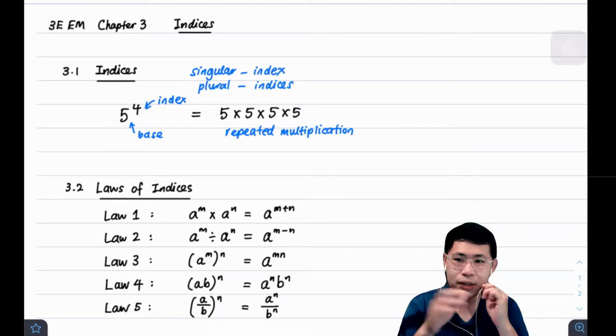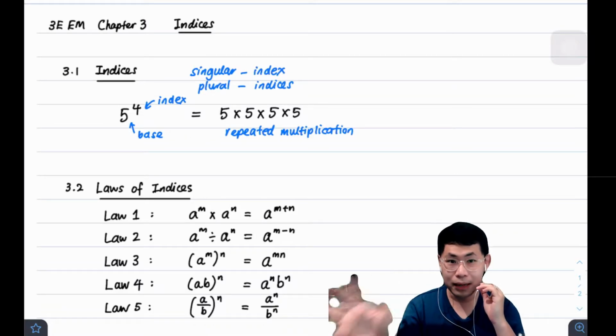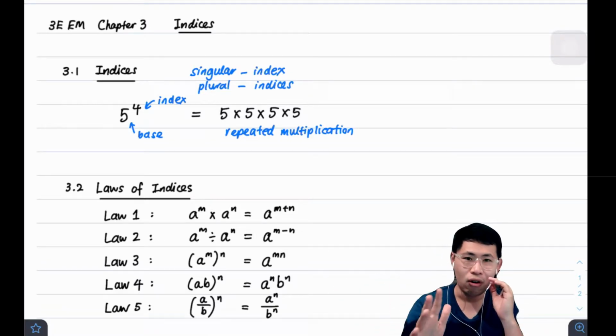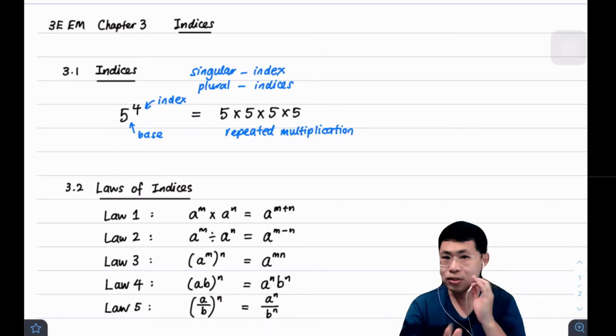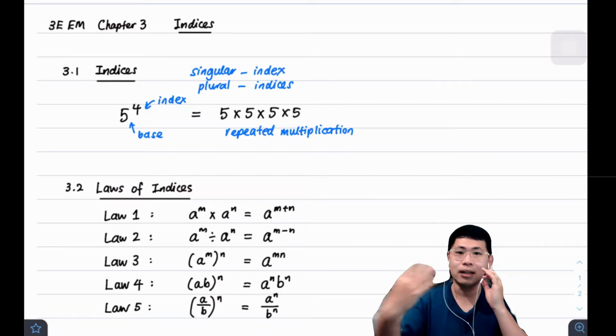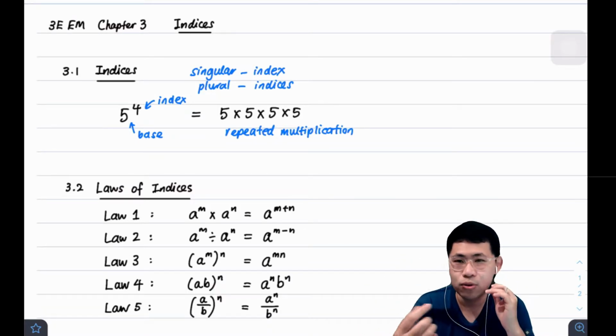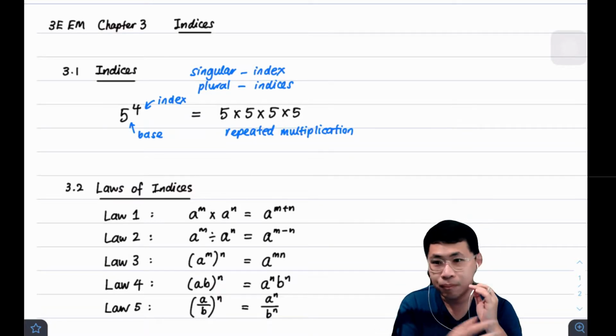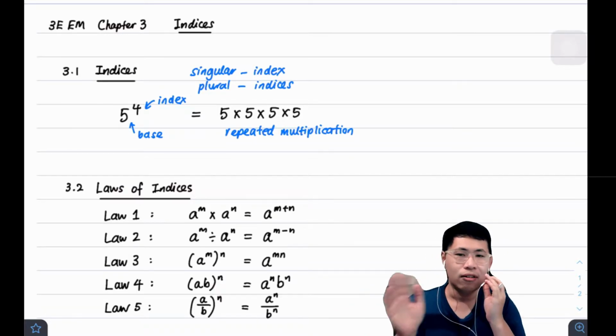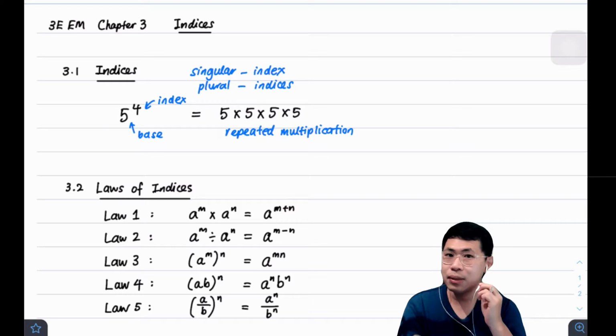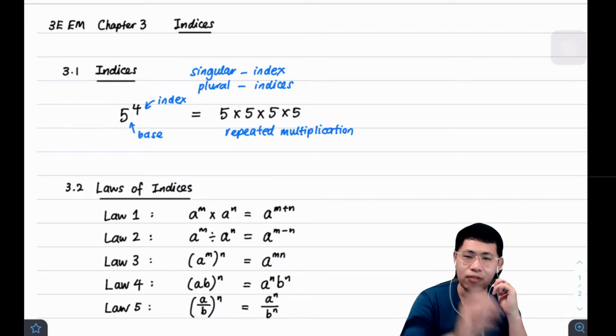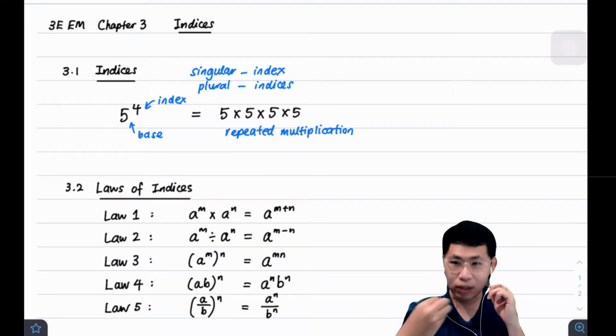Over here you can see that 5 is the base, and 4 is our index. This you must know, as this will be the language that we'll be using throughout this chapter. 5 is the base, 4 is the index. And what does this mean? It means 5 times 5 times 5 times 5. It will be 4 times.